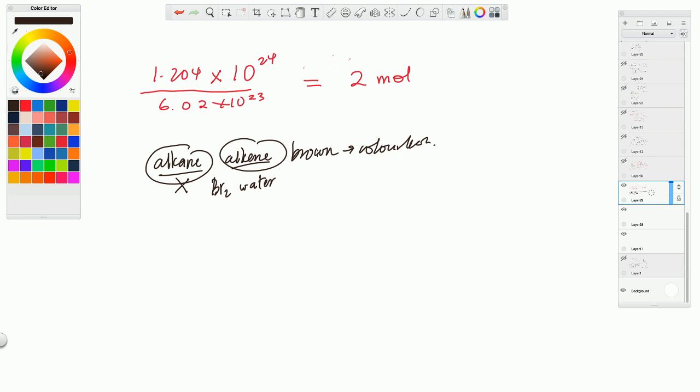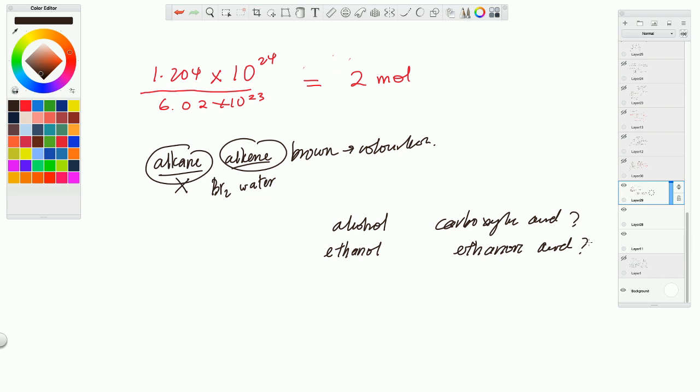However, if they ask you to differentiate between alcohol and carboxylic acid, then how? Let's say they give you ethanol and ethanoic acid. A lot of students say, oh, just add a pH meter or universal indicator. Ethanol will give no color change, or it will become green.